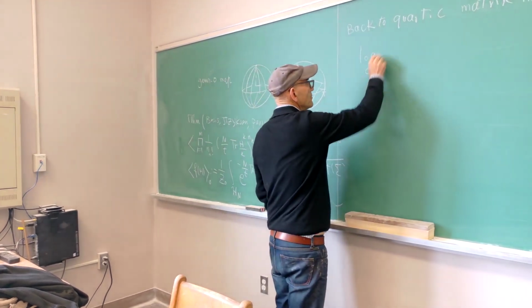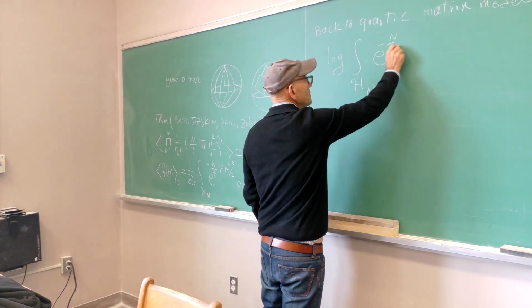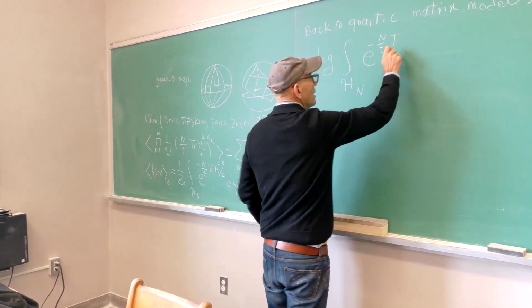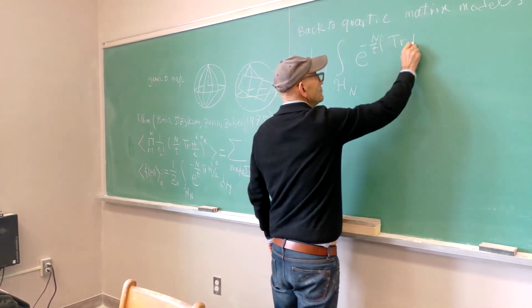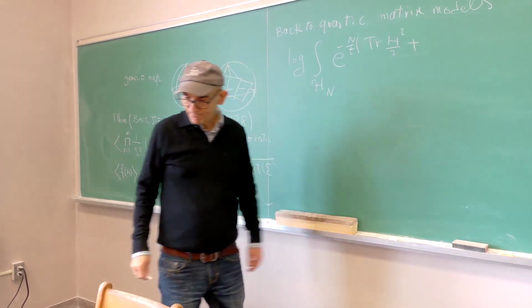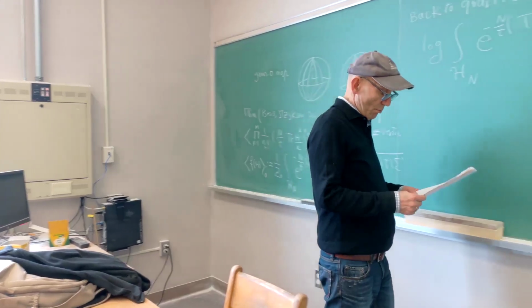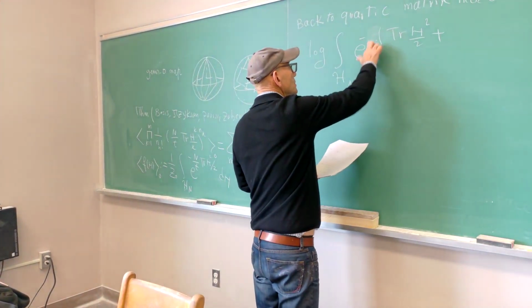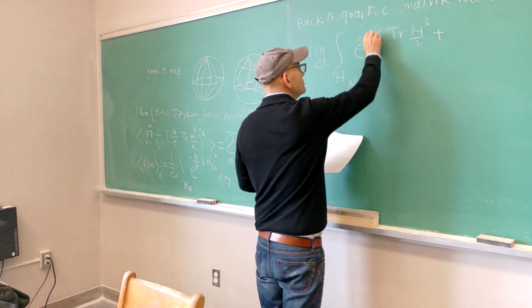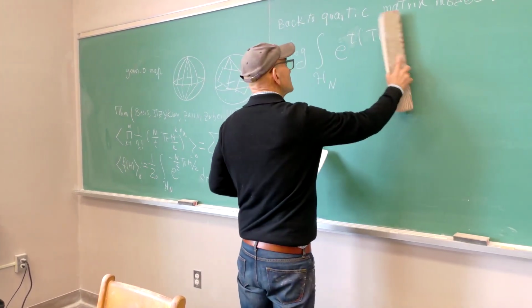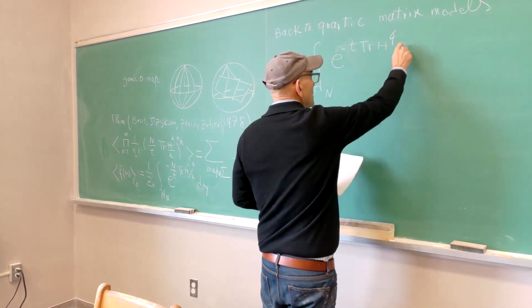So we just take log of the integral over hn, exponential of minus n over t, trace of h2 over 2 plus t trace of h4, mu of h.